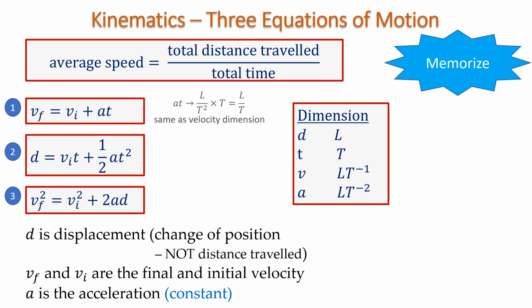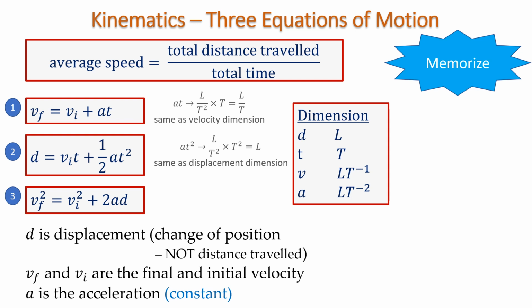Each term needs to have the same dimension. Let us take at. a dimension is L over T squared, then times T will give you L over T, which is exactly the same as the velocity dimension, and that is exactly the validation we expect.